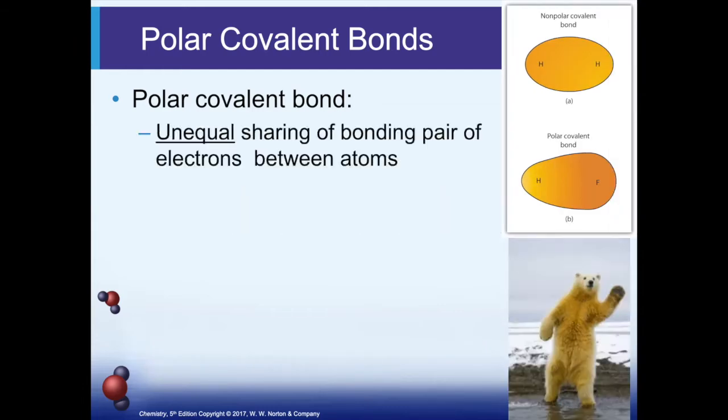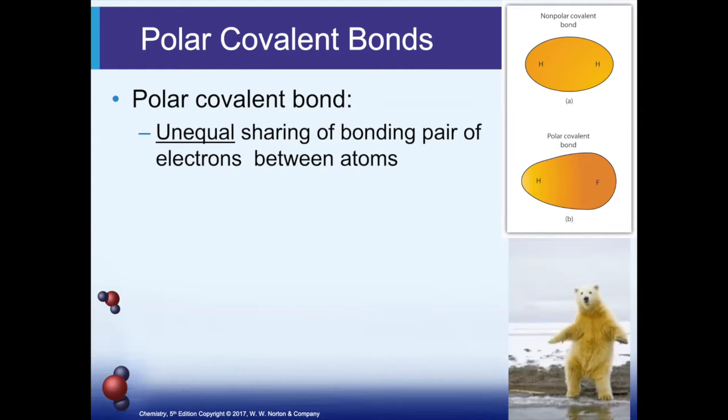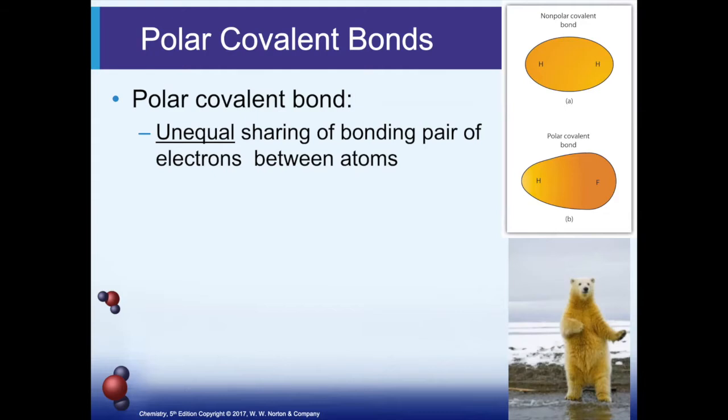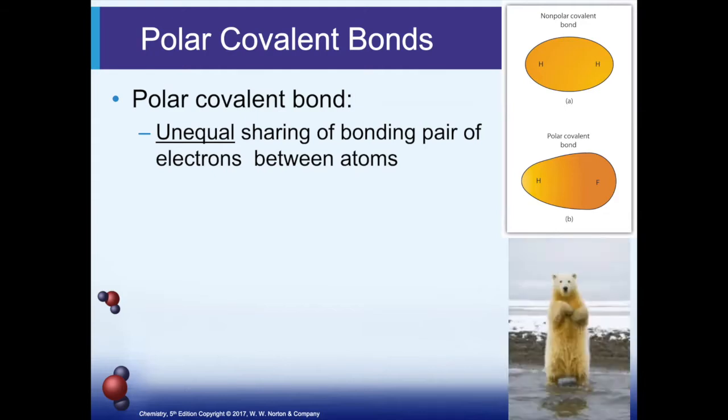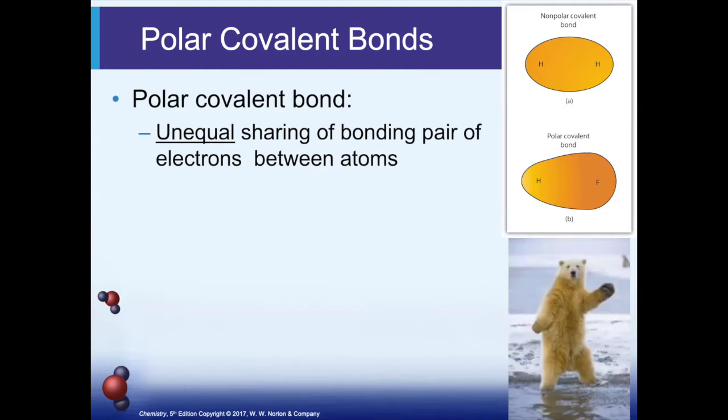Okay, so if you remember that movie Finding Nemo, the seagulls were very possessive. Any kind of food that found its way into their environment, they were very possessive of it. Well, that's kind of what we mean by electronegativity, but it's with electron density.